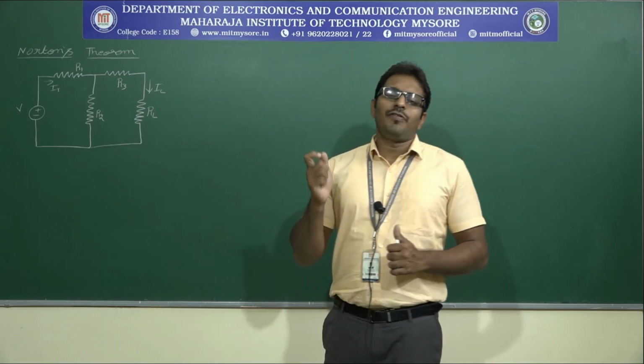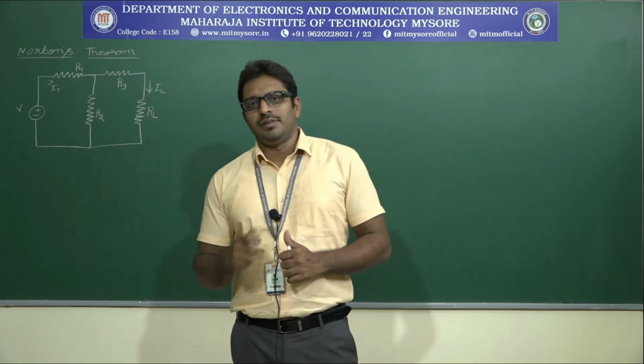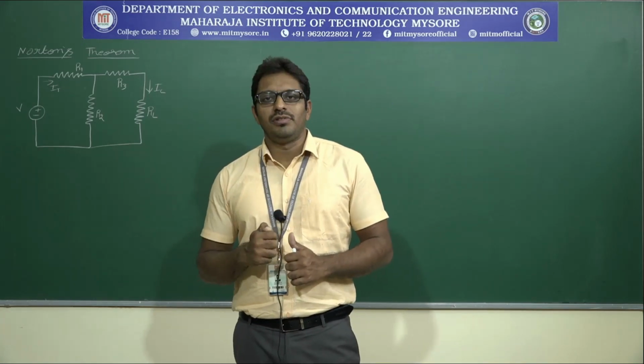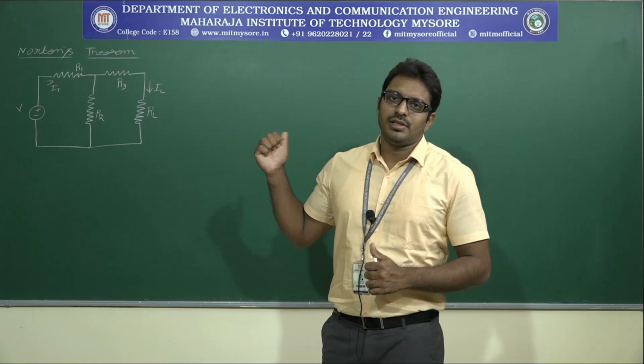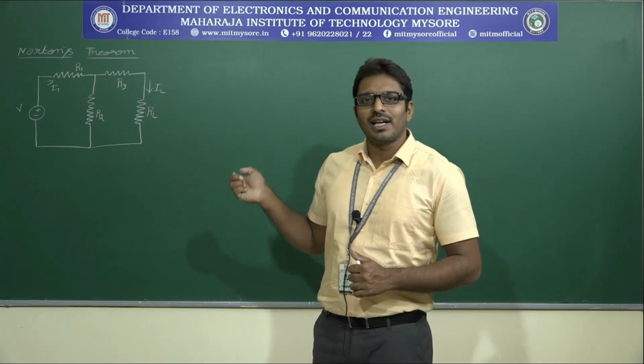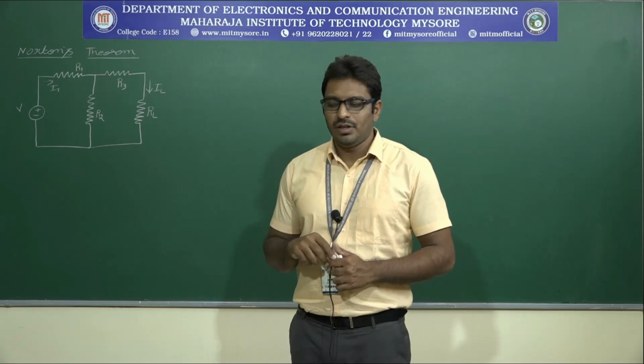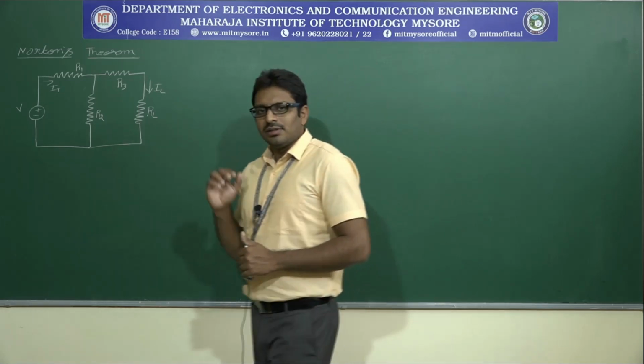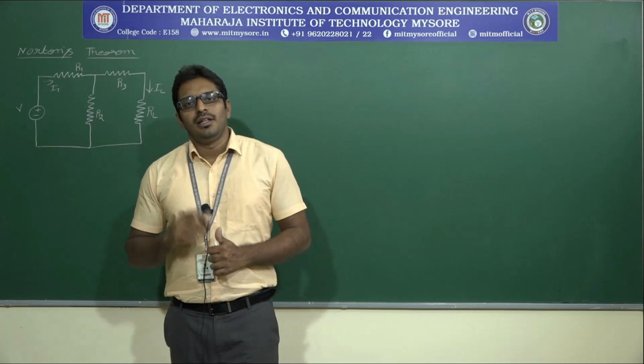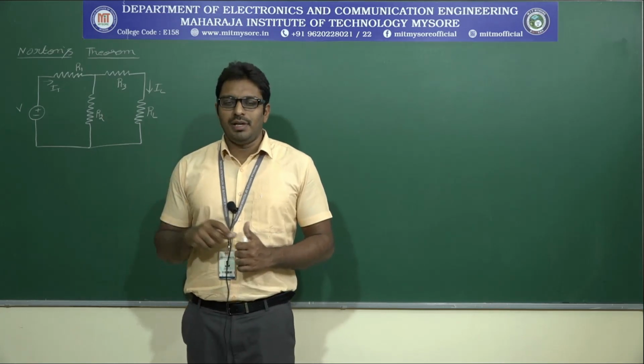But instead of finding open circuit voltage, known as Thevenin's voltage, in Norton's theorem we find Norton's current, known as short circuit current. Now I would like to state the Norton's theorem statement.